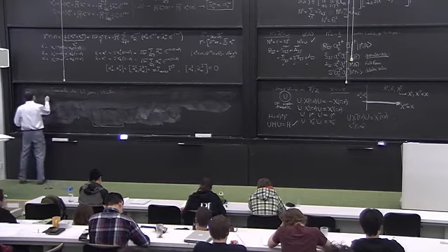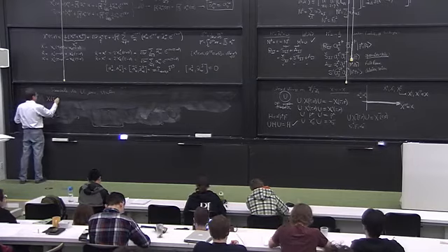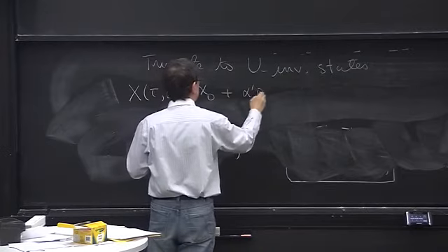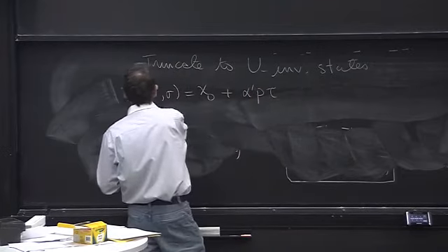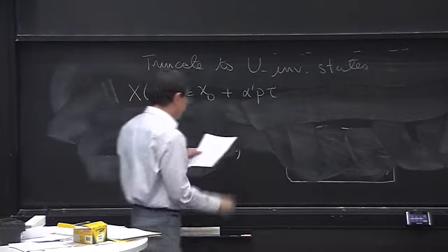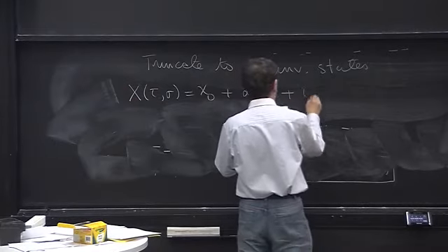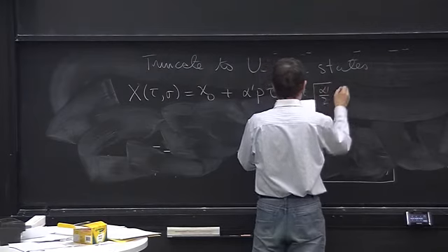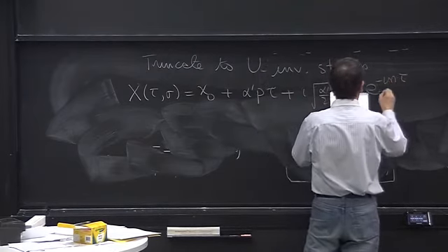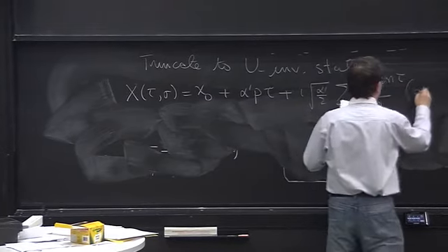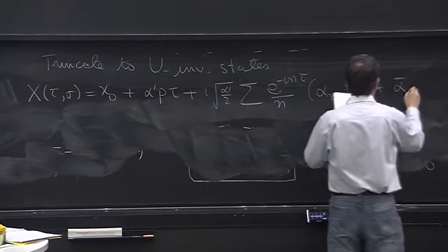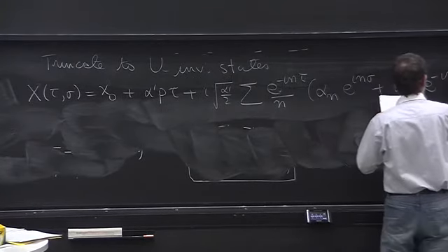And one last thing, we had our closed string expansion, x0 plus alpha prime p tau. This is all x25. When I don't put an index now, it is x25. Is our orbifolded one. Plus alpha prime over 2, sum of e to the minus i n tau over n, alpha n e to the i n sigma plus alpha bar n e to the minus i n sigma.